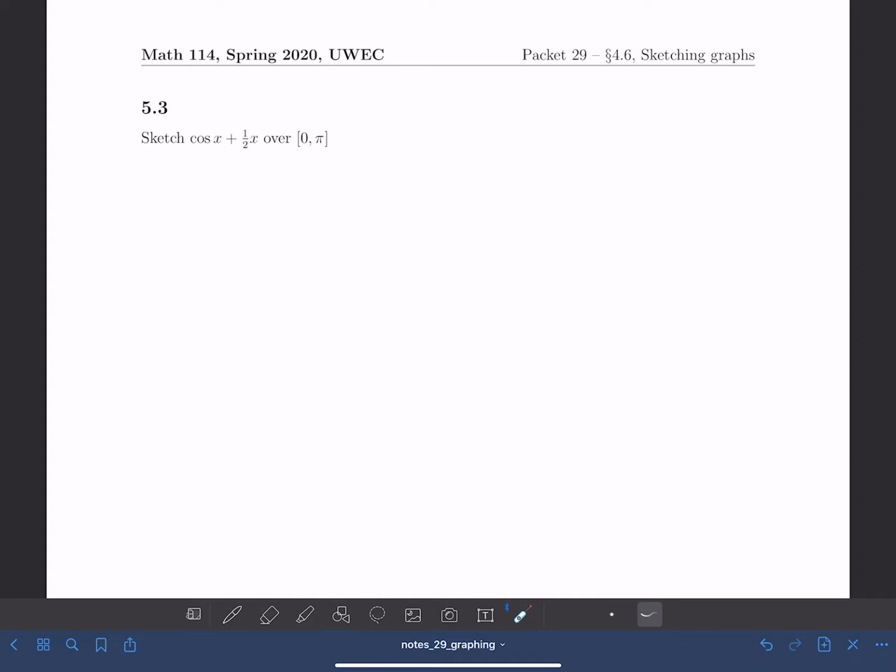So the only thing that makes this one different is that it's from 0 to pi. So this is over some particular interval. When I'm constructing my number lines, I'm just going to pay attention to only the critical points and the inflection points in this interval.